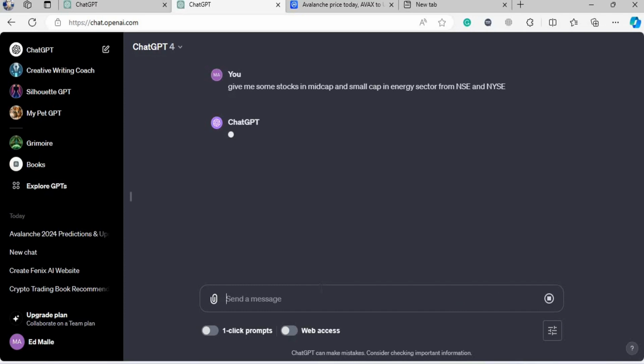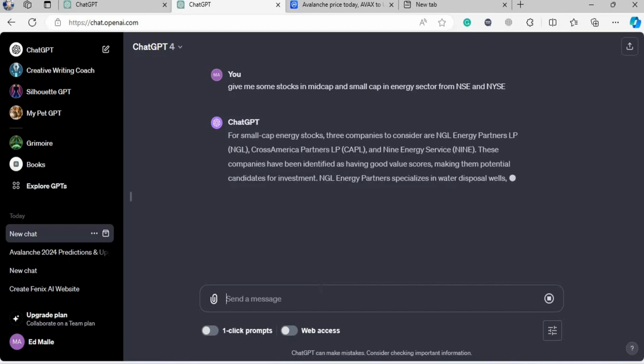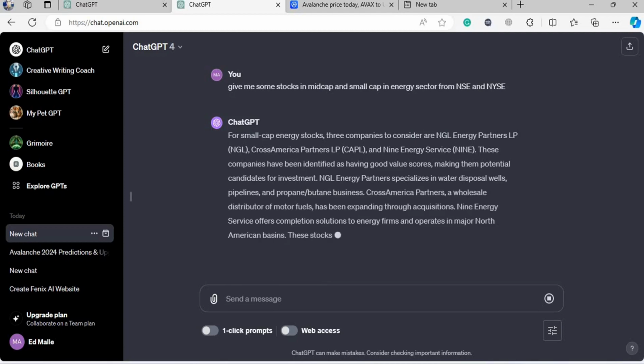So folks, as I said, give me some stocks in mid cap and small cap in energy sector like oil and natural resources and whatever. The NSE is National Stock Exchange, it's from India, and NYSE is New York Stock Exchange, it's from America. So these are two of the very big markets, a combined market of like 45-50 trillion almost in the stock market consolidated. So folks, here's this thing.